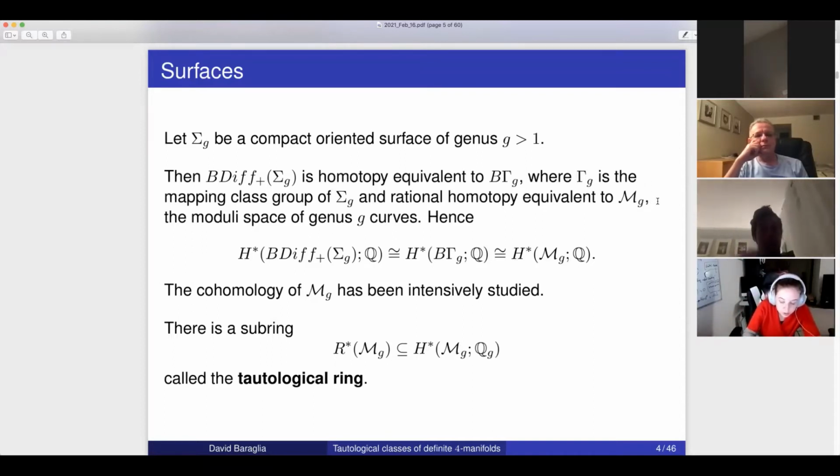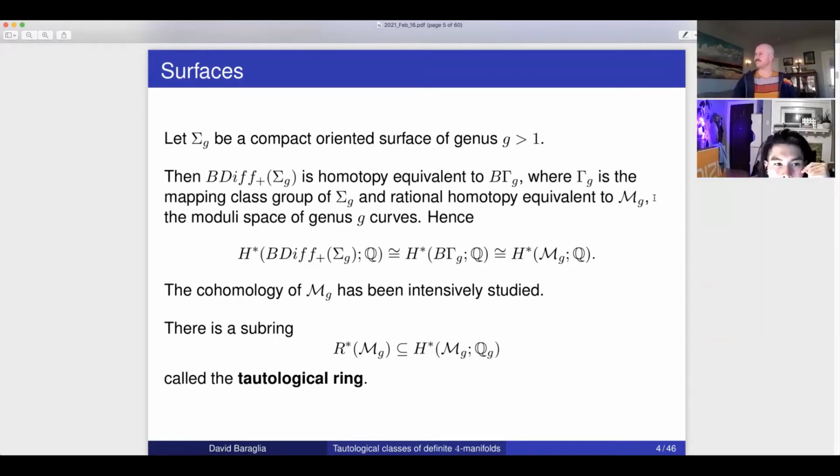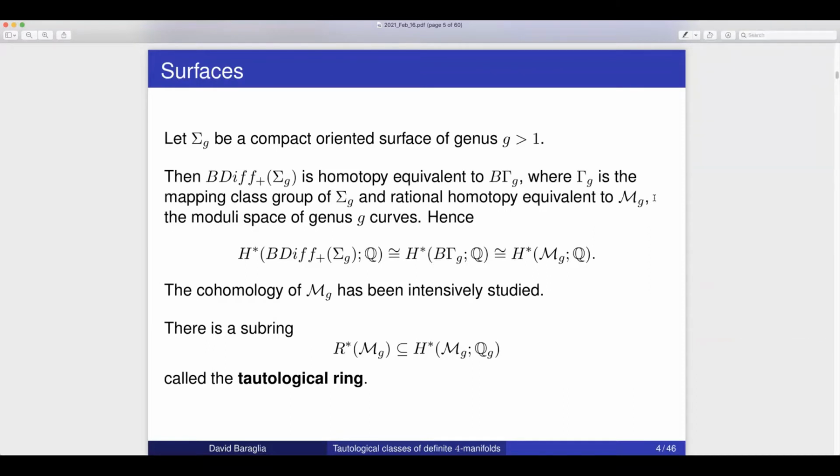Basically, you consider Teichmüller space, which is contractible, then the mapping class group acts on that, and it doesn't quite act freely, but the stabilizers are all finite. So rationally, it's as good as a free action, and the quotient is like the classifying space.